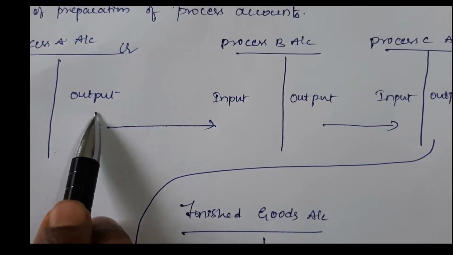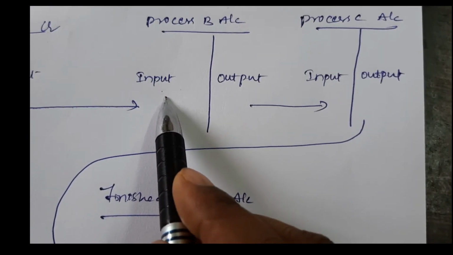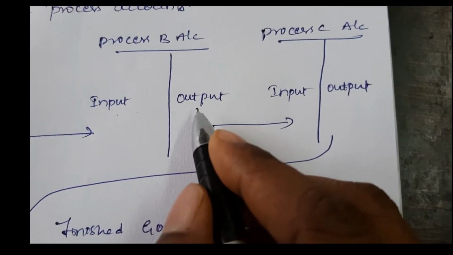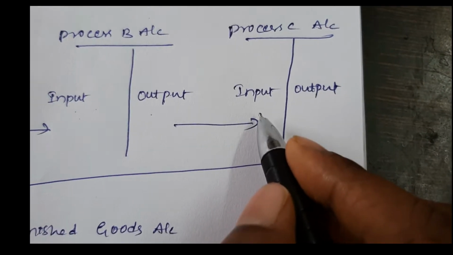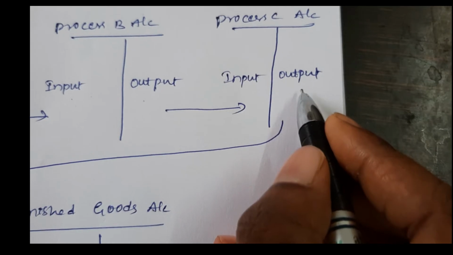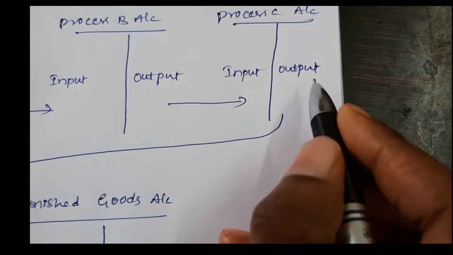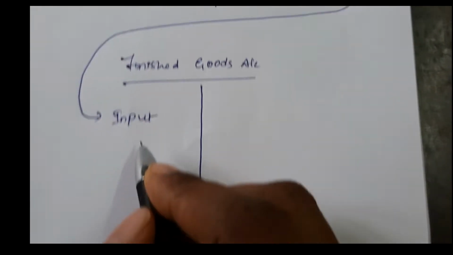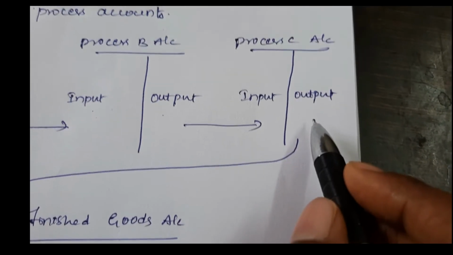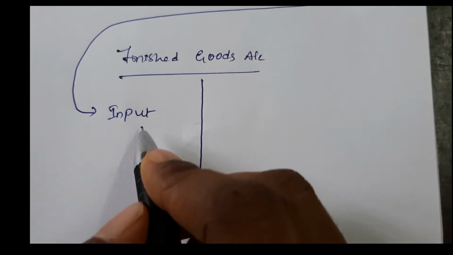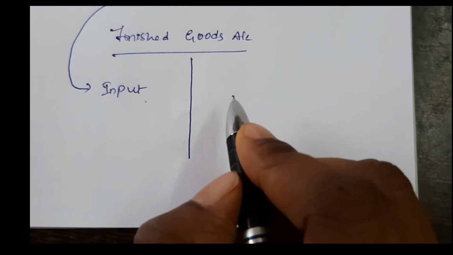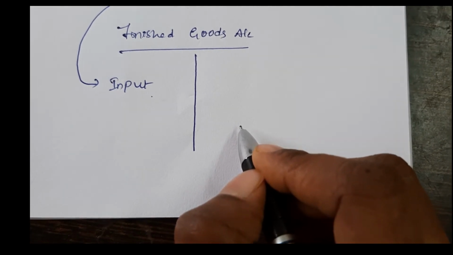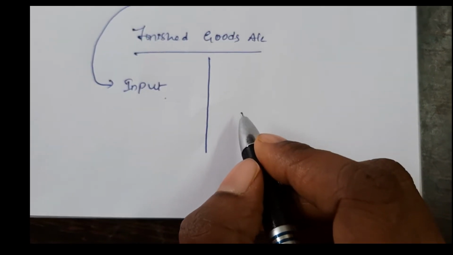So the output of process A will become the input of process B. Here your product will be processed and you will get some output, and that will become input for process C, and you will get output under process C. Then under finished goods, the output of process C will become the input of finished goods, and we will have to write the total cost of production or cost per unit of the finished goods.